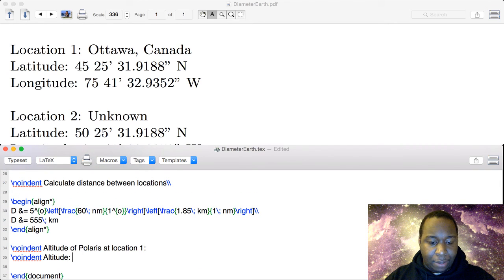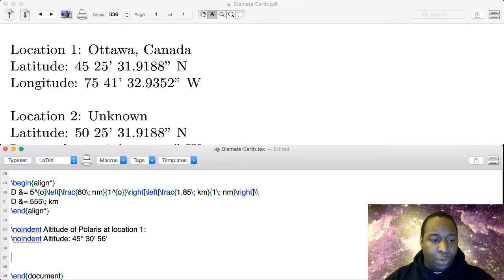Copying and pasting is going to make this easier for me. So 45, 30, 56. And we'll need to convert this, of course, into decimal degrees.